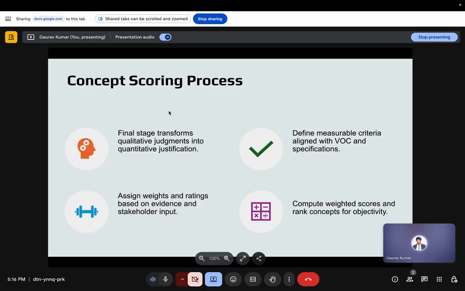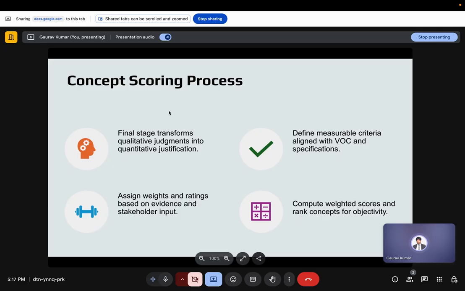Week 12 marks the final stage of the conceptual design process, where qualitative insights are transformed into quantitative justification. Concept scoring bridges creative exploration and engineering validation by assigning measurable value to design performance across multiple criteria. The process begins with defining criteria aligned with the voice of the customer and the previously established product specification.